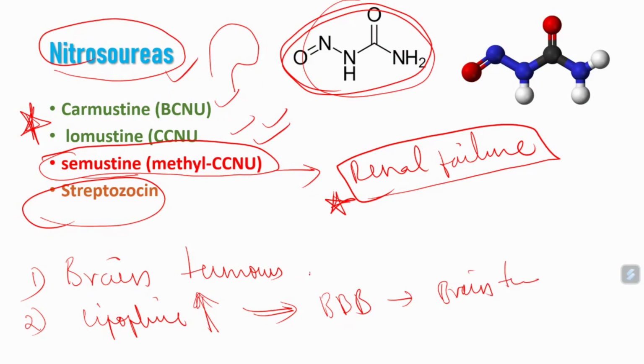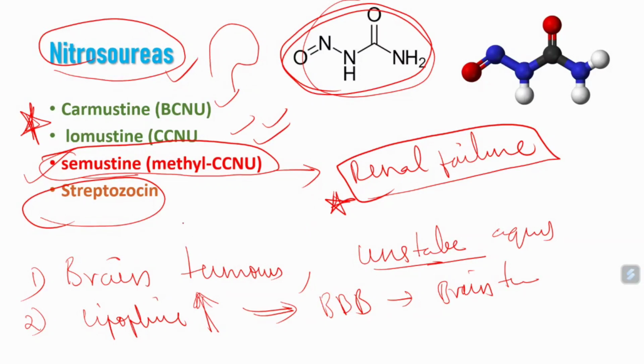These compounds are very unstable in aqueous solutions. Semustine can cause renal failure, that we already know. And these nitrosoureas are not only used in cancer chemotherapy.